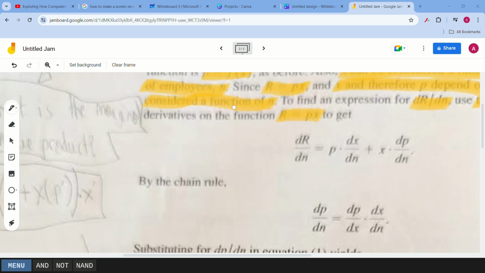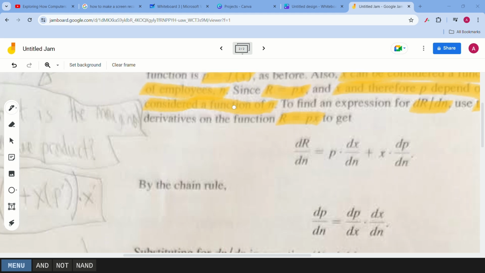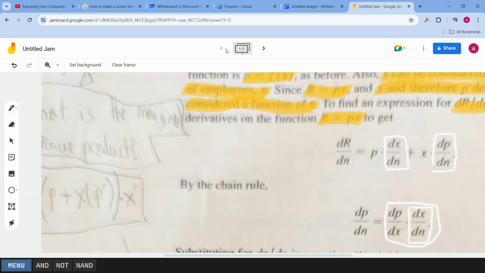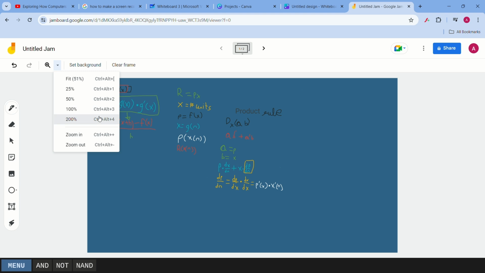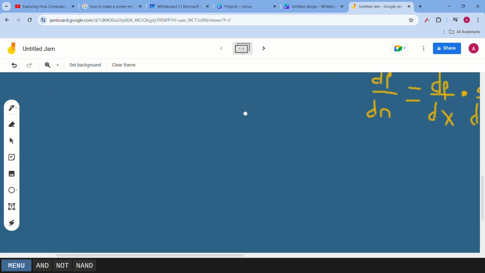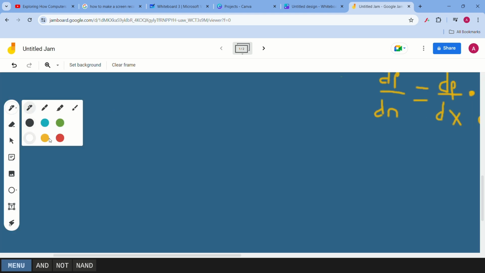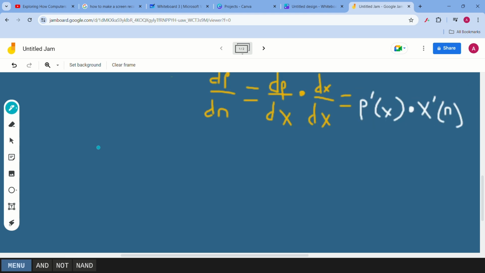So if you were wondering, we have dx over dn and dx over dn. So if we replace dp over dn with this, I wonder, what could we do? Let's do this. So we will start with our formula over here.